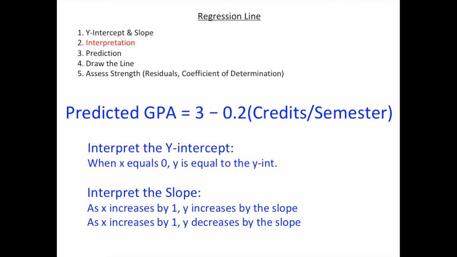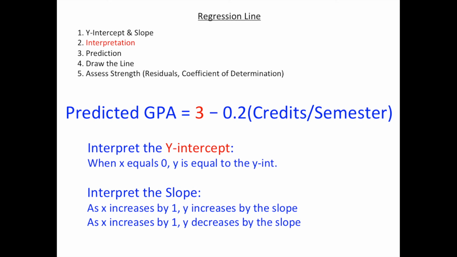So make sure you know how to identify again the y-intercept in this problem is still 3, but now it comes first. And so we can again interpret this by stating that if you set the number of credits a student takes per semester equal to 0, then the predicted GPA is going to be a 3.0.